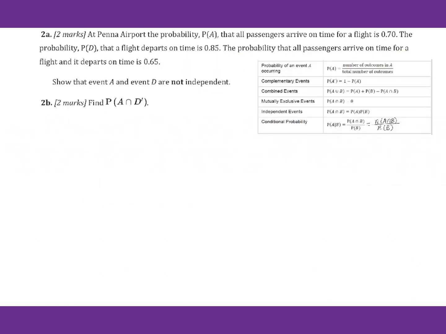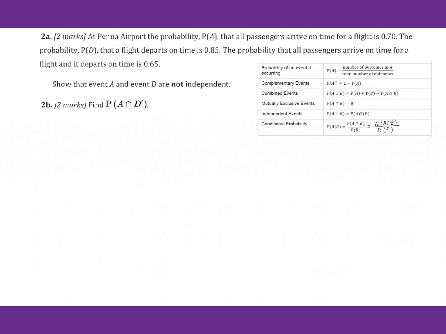For 2B, find the probability A intersect D prime. Since this probability A intersect D is given, therefore, it's easier to draw the Venn diagram.